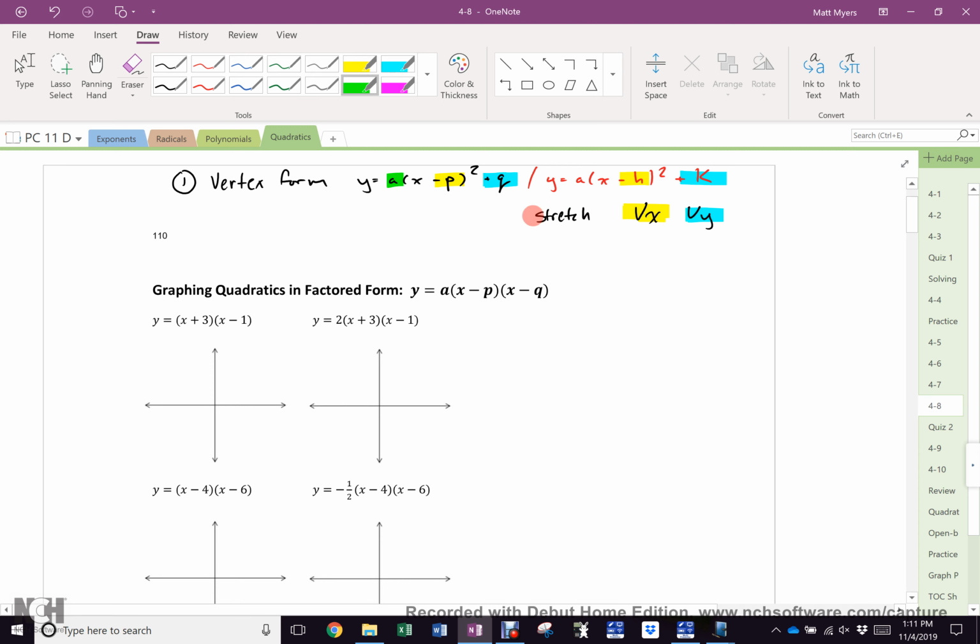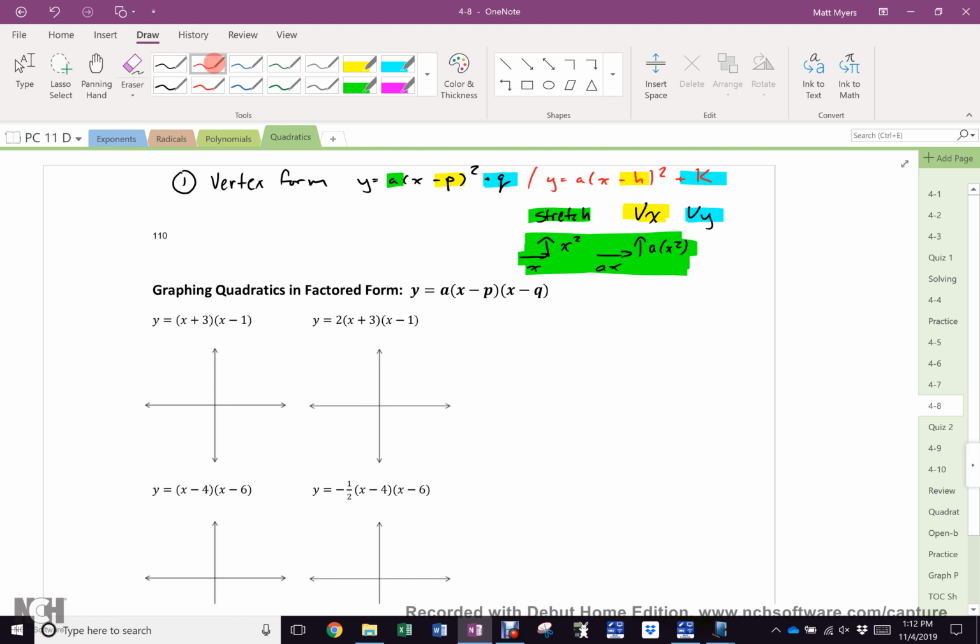And of course, what do I mean by that? X squared, or AX, and you go up AX squared. You all know that already.